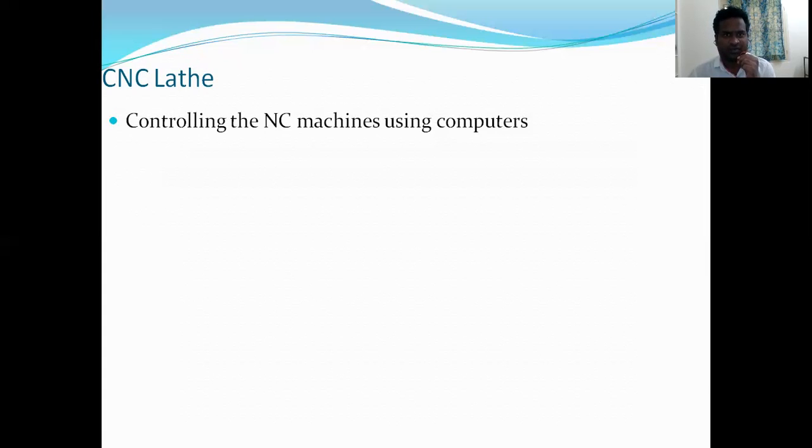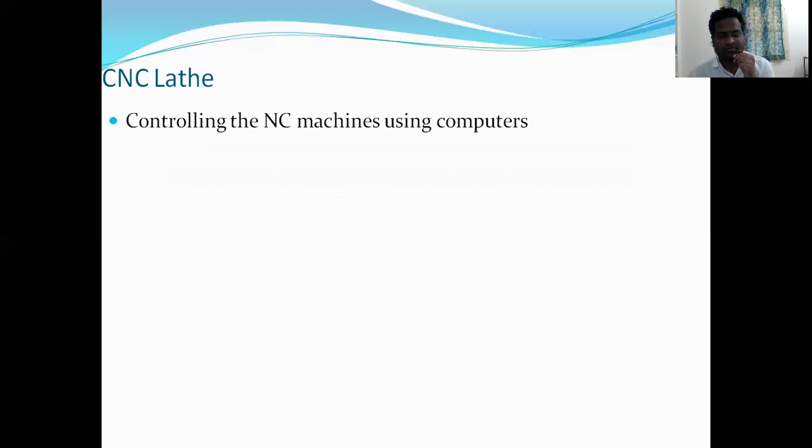Again, we have to freshly enter the program on that punch tape. But in the computer numerical control machine, the program is stored in the computer itself, so we can simply change the programs. That's why we can meet the customer demands or the production demands. This is the main advantage of CNC compared to NC machines.